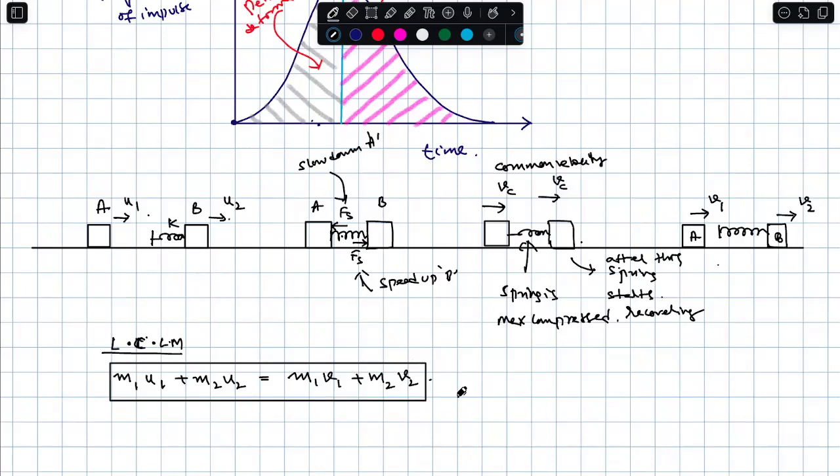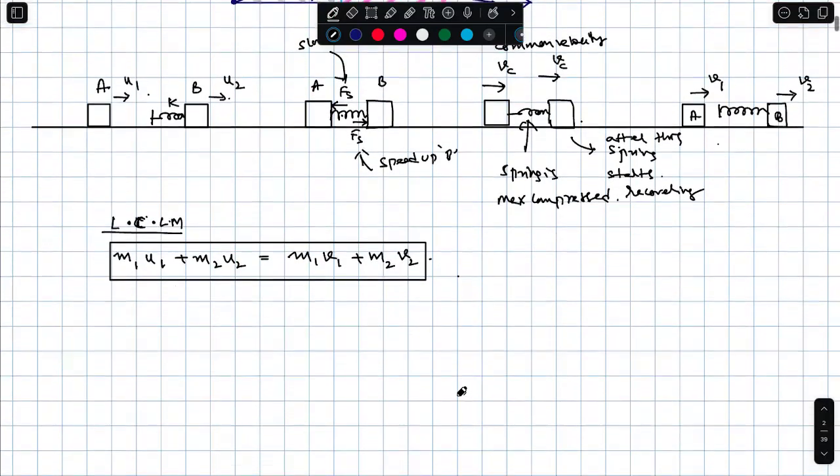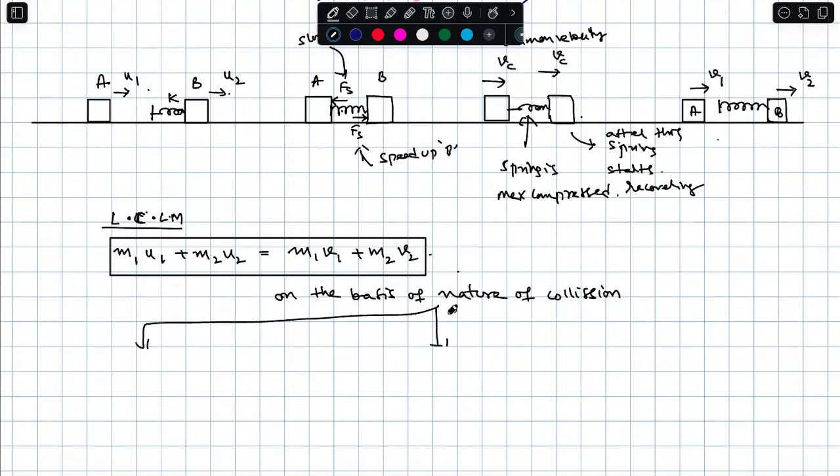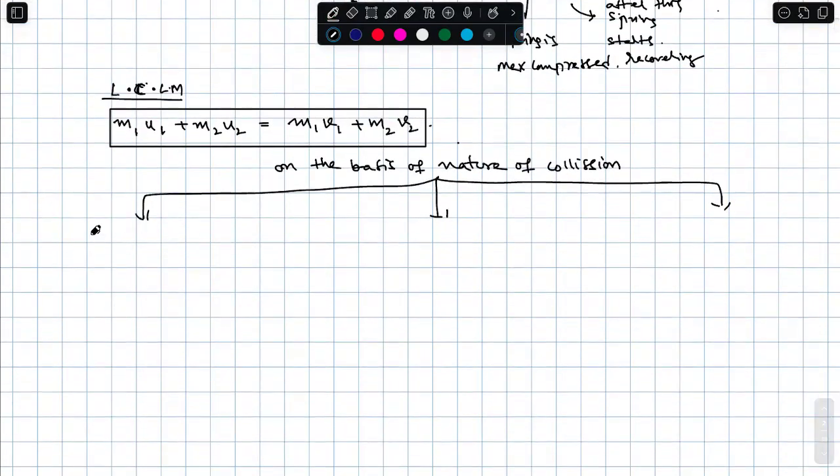And on the basis of the nature of the collision, collisions are basically classified into three types. One, this is defined as perfect elastic collision.